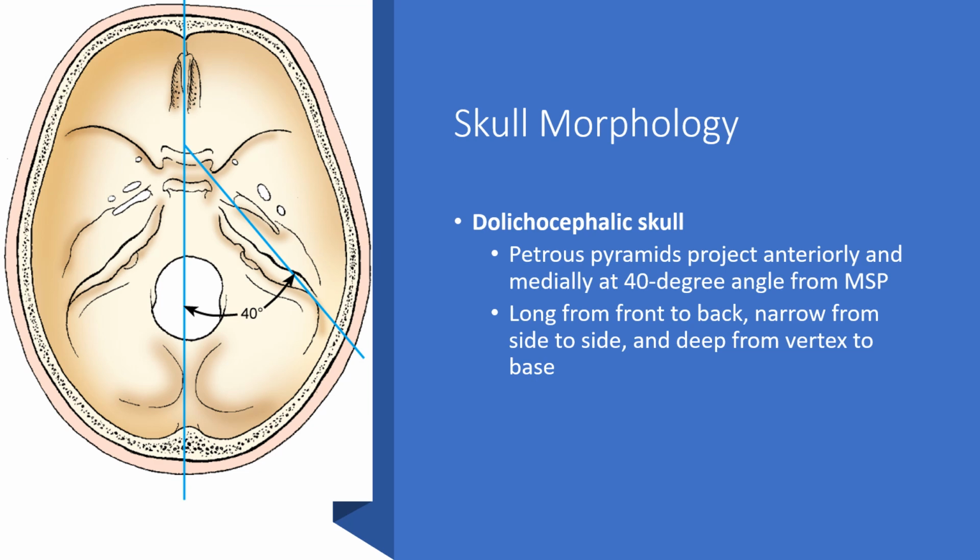It's a taller orientation to the skull. So now the petrous pyramid is oriented at just a 40-degree angle to the posterior mid-sagittal plane. So you can memorize these. You do have to memorize the names.